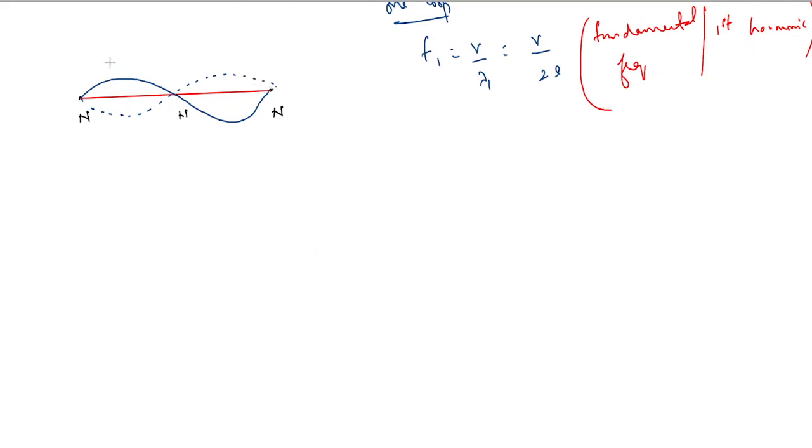In the length here, if the wavelength is lambda 2, the wavelength will vary because the size of the wave is varying. Now this length of the string contains just a complete wave. So the frequency F2 would be V by L.